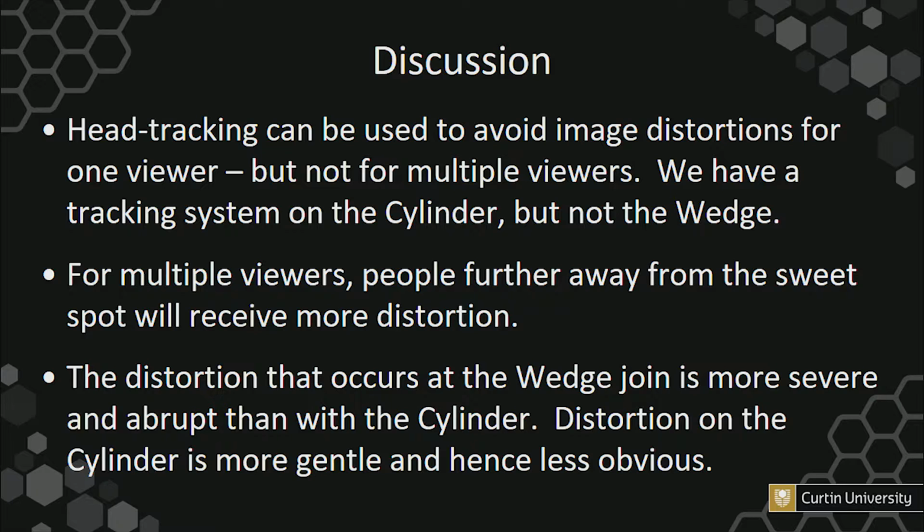For multiple viewers, people further away from the sweet spot will receive some level of distortion. The distortion that occurs at the wedge join is more severe and abrupt than with the cylinder display, whereas the distortion on the cylinder is more gentle and hence less obvious.